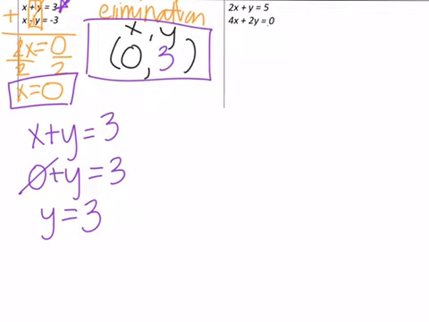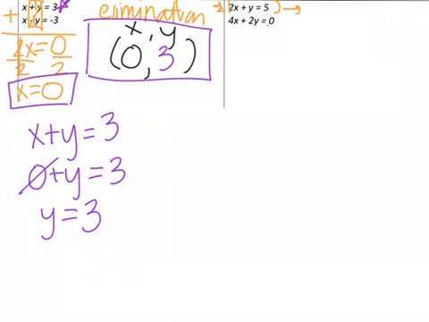In this next example, I'm going to use elimination as well. This time, though, I do not have any coefficients that are the opposite. So what I'm going to do is multiply my first equation by a negative 2. This will help me because I will have my coefficients for x as the opposite, because negative 2 times 2x is negative 4x, and that's exactly what we would want.